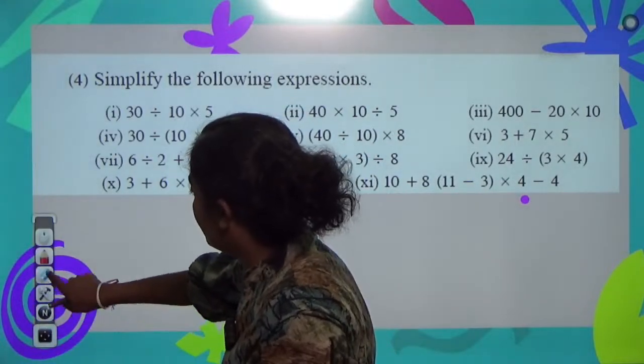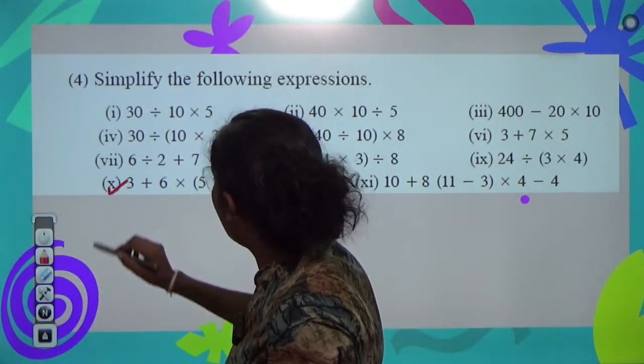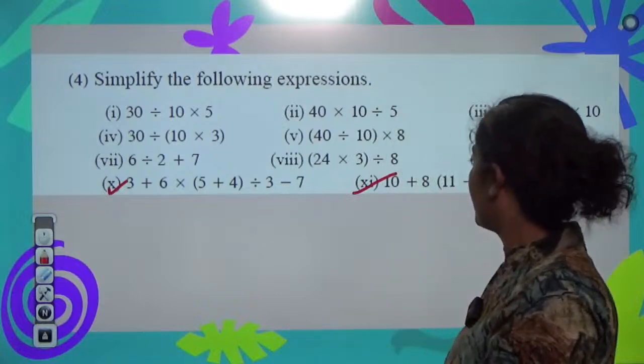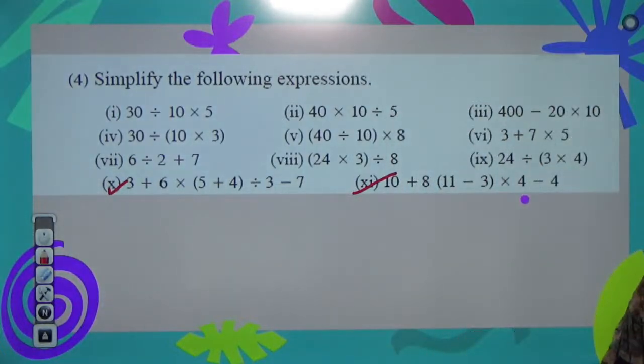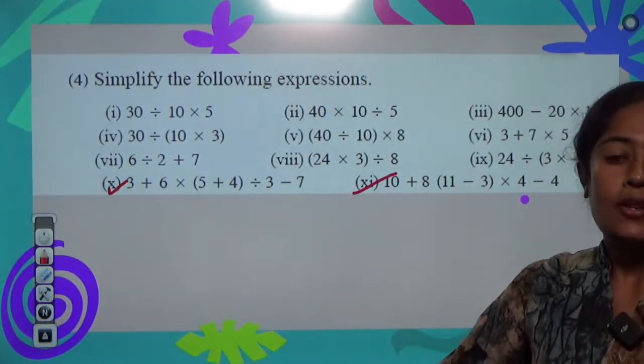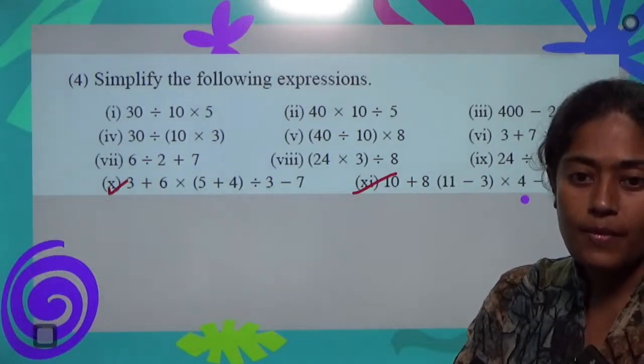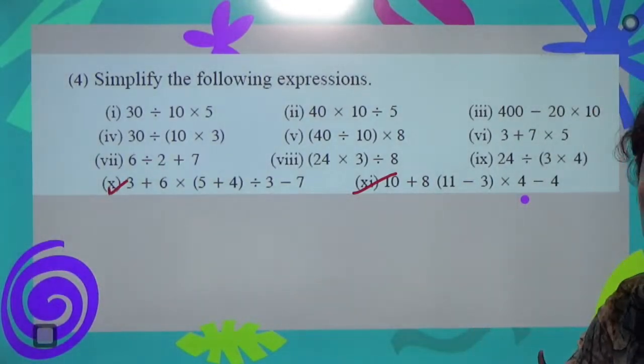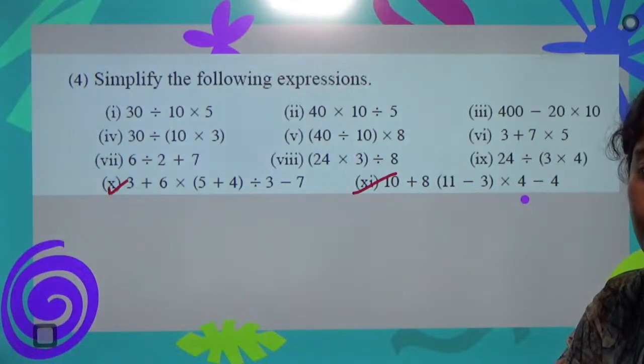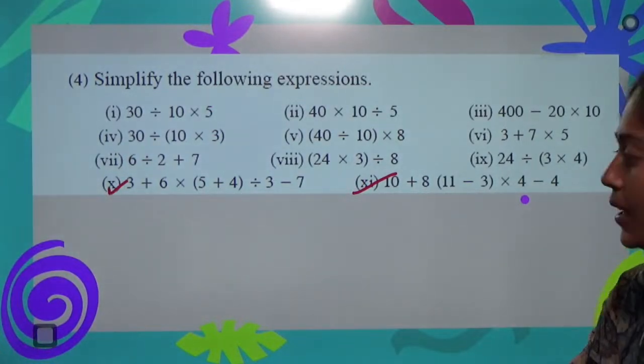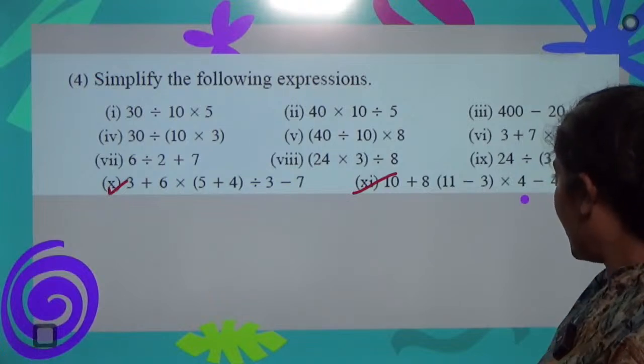Wait. The 10th one and 11th one. Same rule we have to use, that is the BODMAS rule. Try to do those two questions. Only those two are enough, I think.